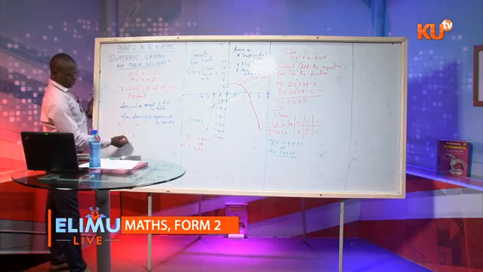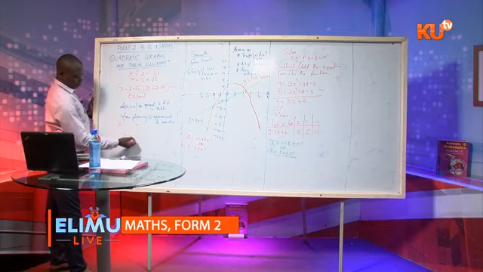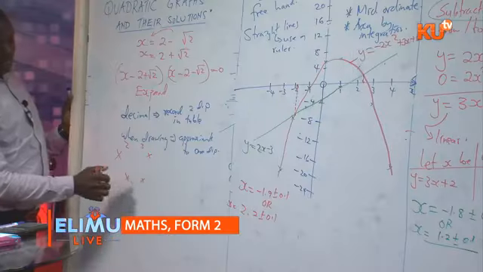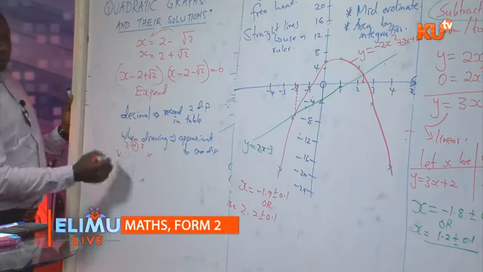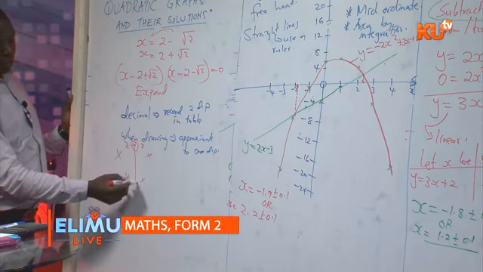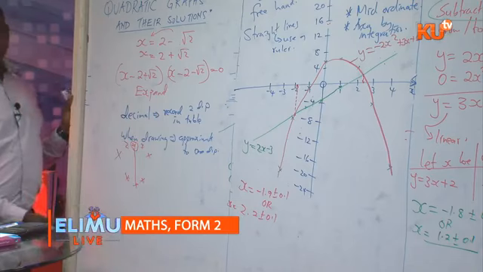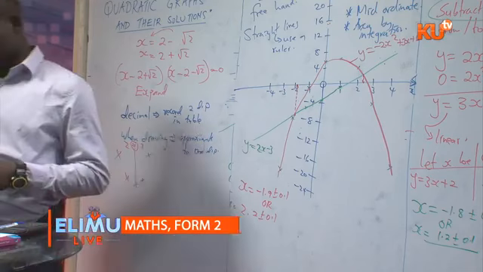There has to be a turning point because you cannot draw a curve and when you reach here draw it like this. So what you do is you have to get the turning point, and you get the point in between 2 and 3, which is 2.5. Now you substitute in the function so that you get the value of y, which you'll plot to become your turning point.